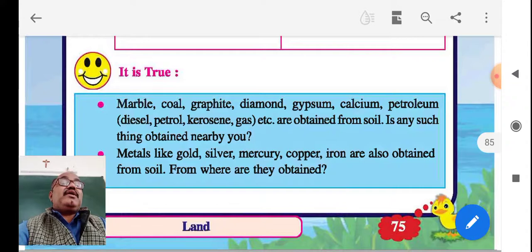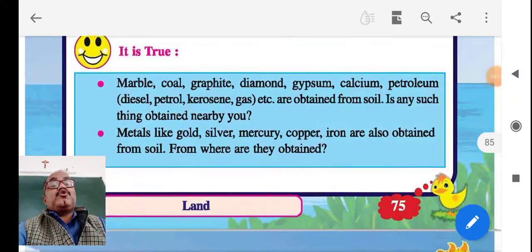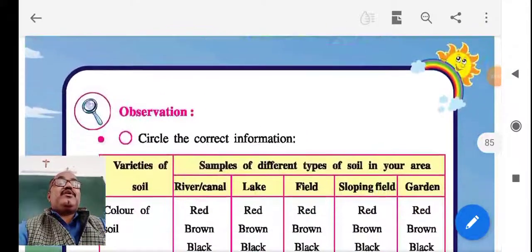Marble, coal, graphite, diamond, gypsum, calcium, petroleum, etc. are also obtained from the soil. Metals are also obtained from the soil by digging.